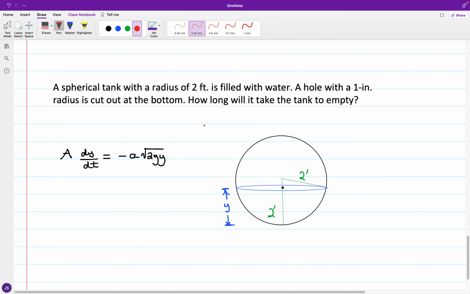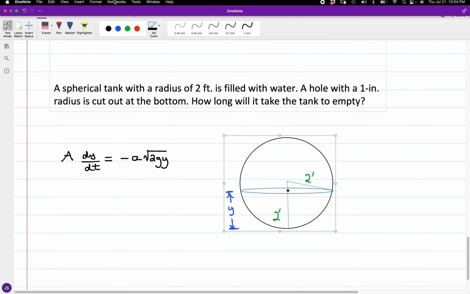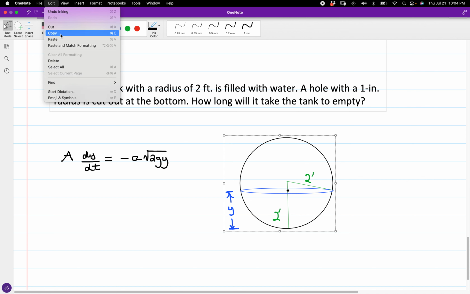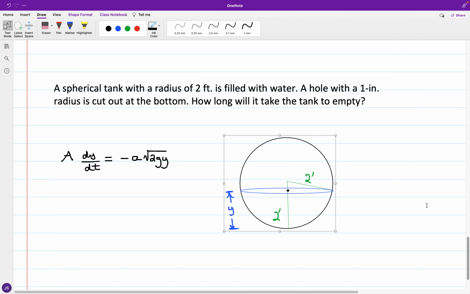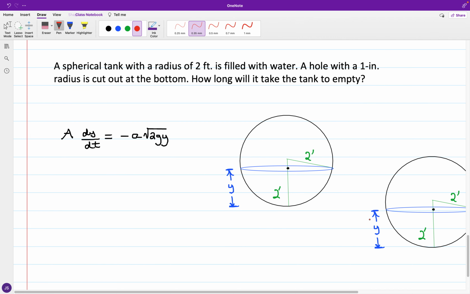I think what I'll do here is just copy what I have over here and give you a little bit of an extrapolation in terms of setting up what we have for establishing the cross-sectional area, as well as everything else that we have in the follow-through.